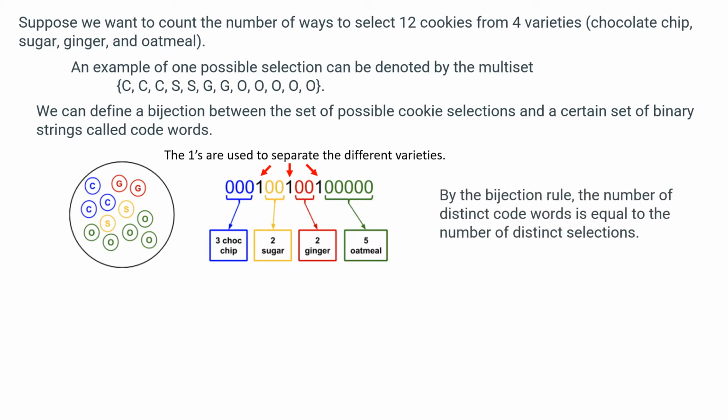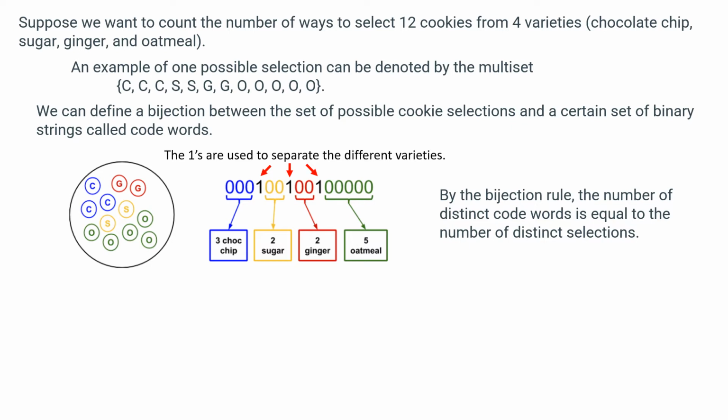So you see that this would be a bijection, right? Because we could go from the cookie situation to these binary strings that look like this using those rules, but we could also clearly go back, right? We could take a binary string that looks like this and interpret it then as the cookie situation.